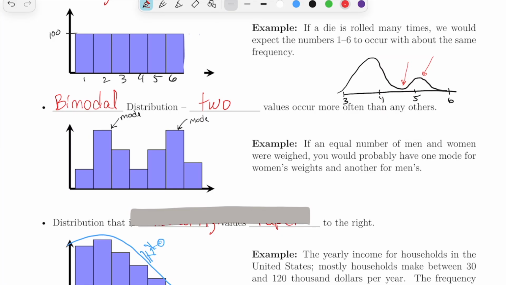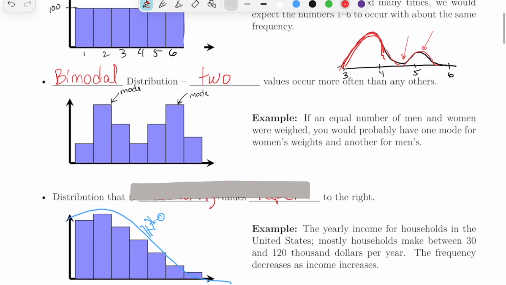My wife is a kindergarten teacher, and she is taller than most of the kids, right? So you have a lot between 3 and 4 feet tall, it comes down to almost nothing, and then you have a lot between about 5 and 6 feet tall. So this is an example of another bimodal distribution.